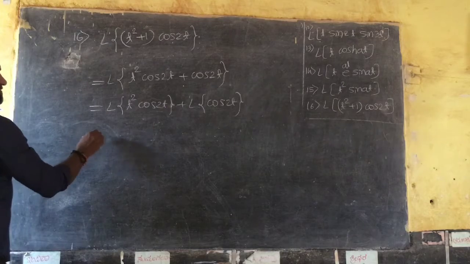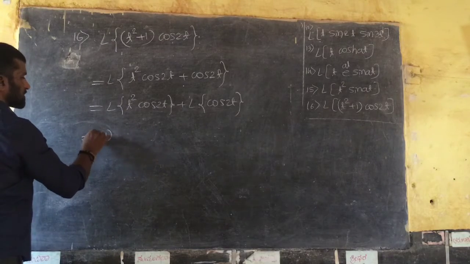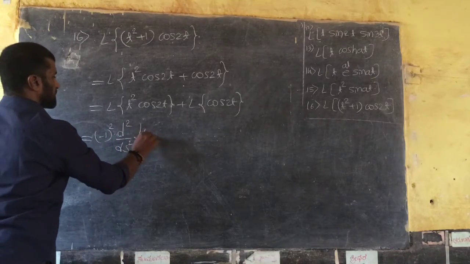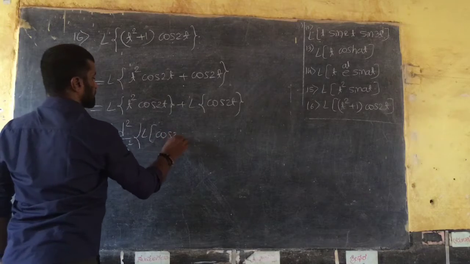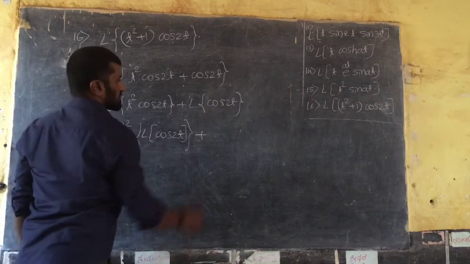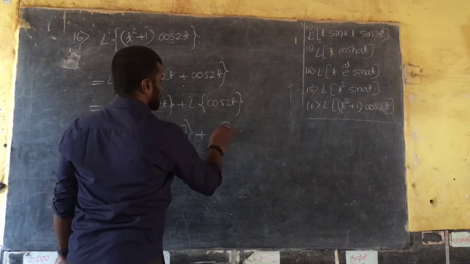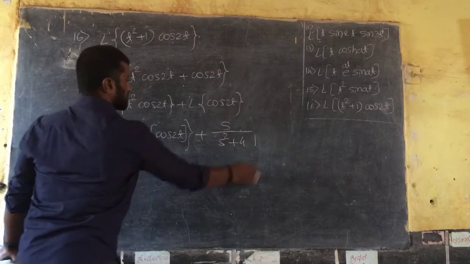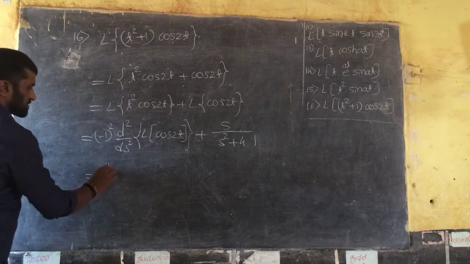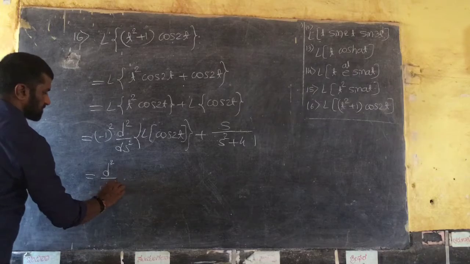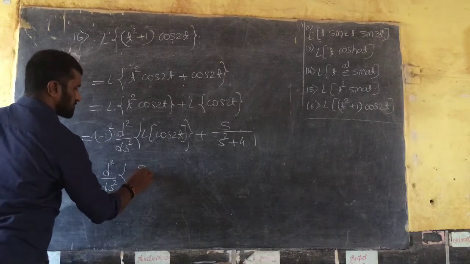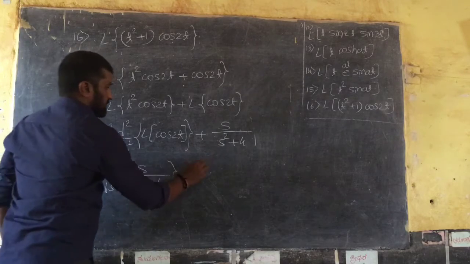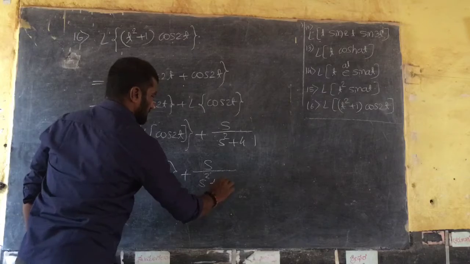You know the formula: n is equal to 2, minus 1 raised to 2 into d square by ds square into Laplace of f of t, which is cos of 2t. Bracket complete. Plus Laplace of cos of 2t is s divided by s square plus a square. Then simplify: plus 1, again d square by ds square into Laplace of s divided by s square plus 4.